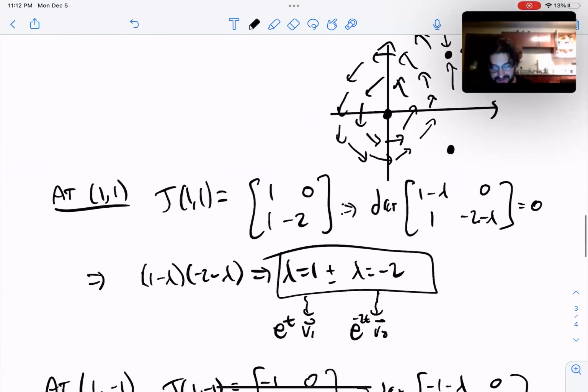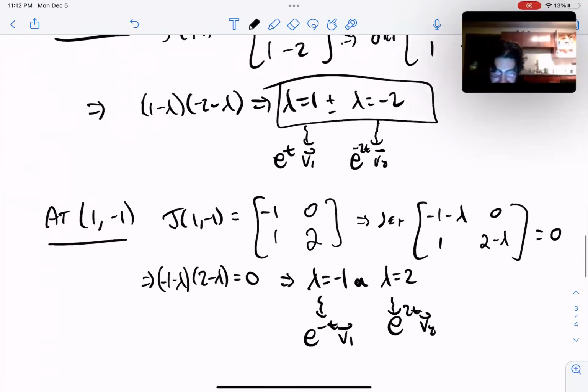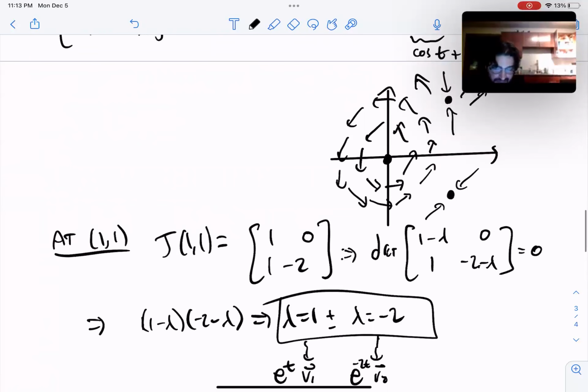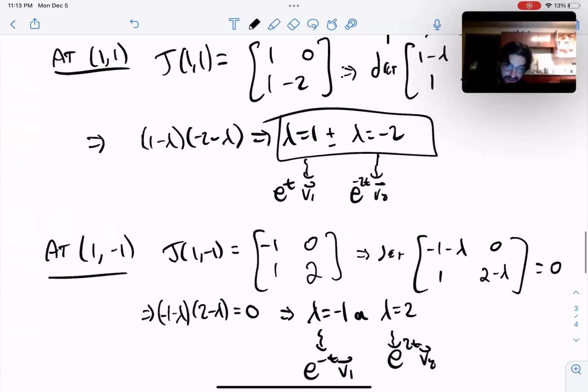So what that's saying is in one direction, the magnitudes are going to get squished into the point, and in the other direction they move away. There we go. Right, so that's the two straight line solutions.